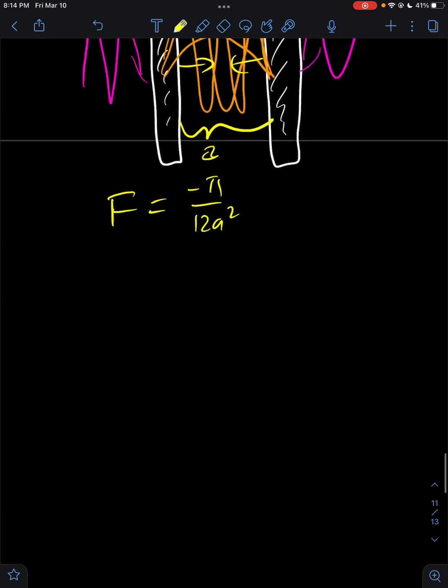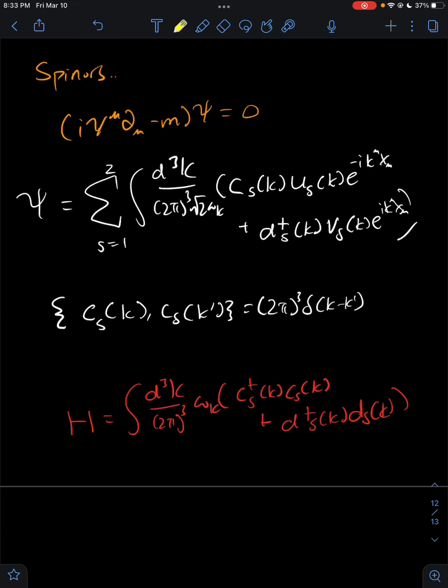So, yeah, cool. For spinors, we pretty much do the exact same thing. Spinors obey the Dirac equation. We get this over here, and then this c_s,k, this should be a conjugate. These things are like the creation and the annihilation operators, but for spinors instead. c_s,k conjugate is going to act on the vacuum.